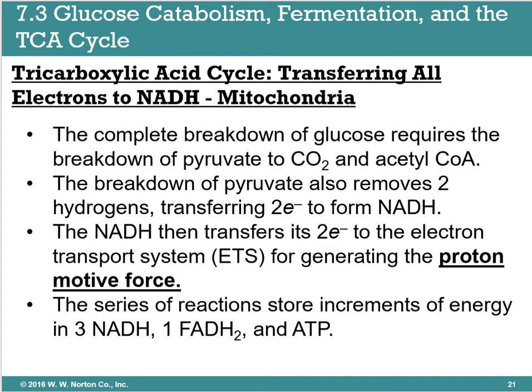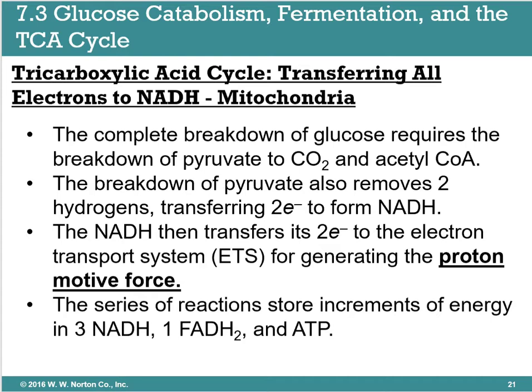That NADH then transfers those 2 electrons into the electron transport system. And with that, there are a lot of protons, a lot of positive charges present because of those hydrogens. Hydrogens are positive. Then a plethora of steps happen.